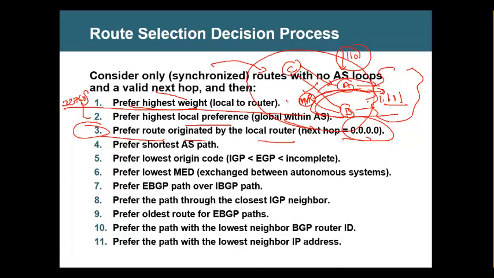What if there is no shortest AS path, all are equal? The destination is via two different AS, but the number of hops between is the same. Only then it picks the path whose origin code is I.